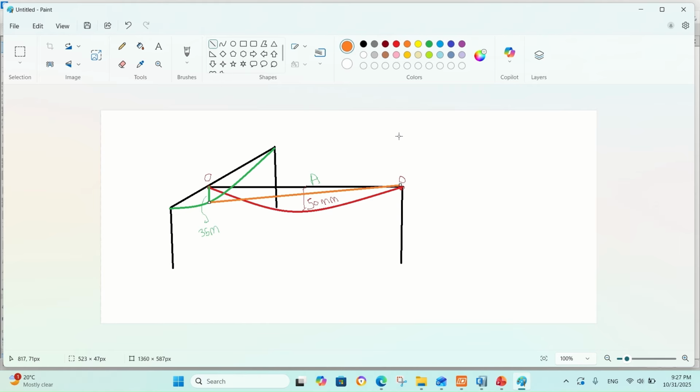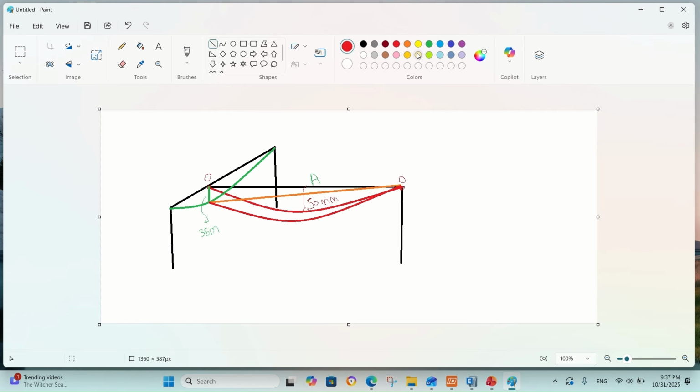In addition to the deflection we measured before, which is the 50 mm. So this is the total deflection. And for sure, the total deflection will be more than the 50 mm.